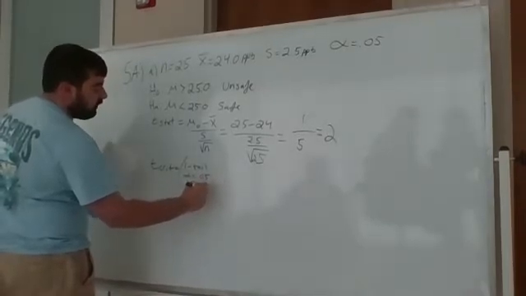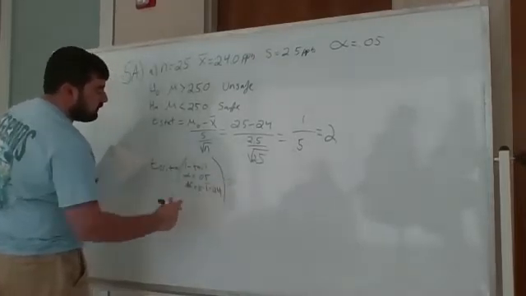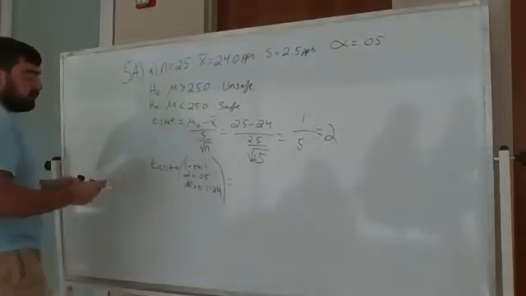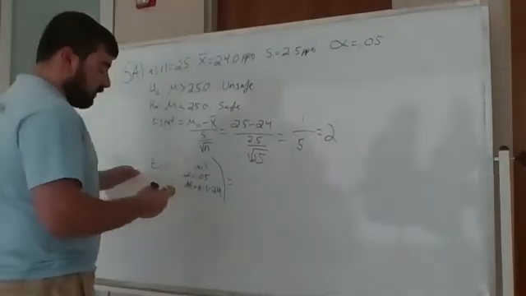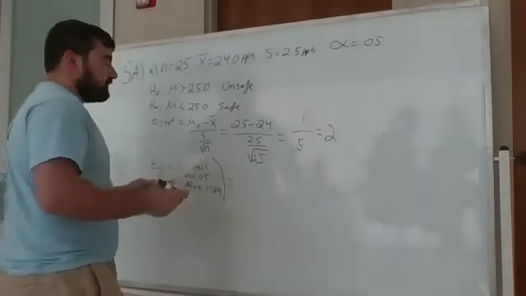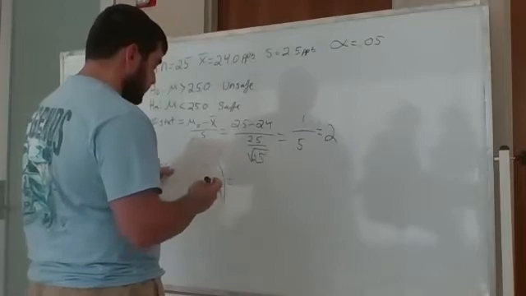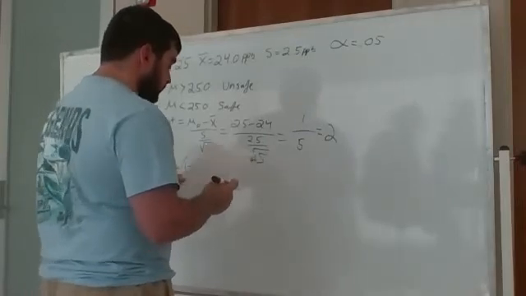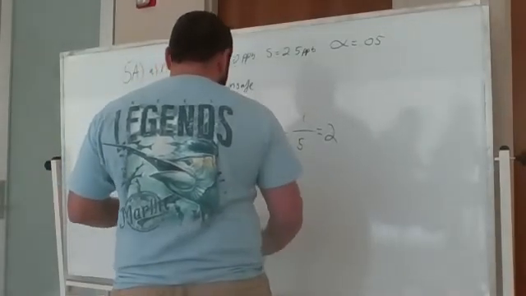Recall further along, the degrees of freedom can be different, but in this case it's n minus 1. So when you look this up in the back of the book, I think it's on page 494 or something like that, or that might be the Z table, but you get a value of 1.711.